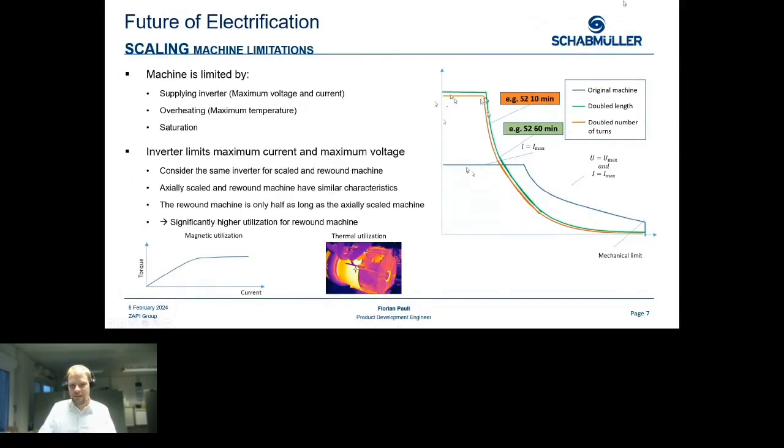However, the machine with a doubled number of turns is significantly higher saturated and also significantly more prone to overheating. So while the magnetic utilization can just be considered with electromagnetic modeling, we need to make some thermal investigations to find out more about our thermal limits of our machines.